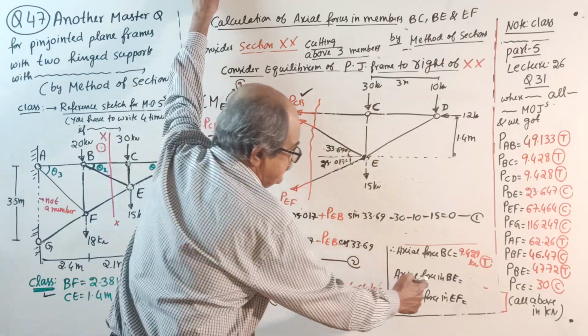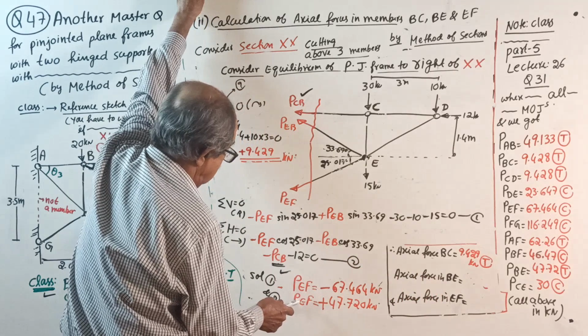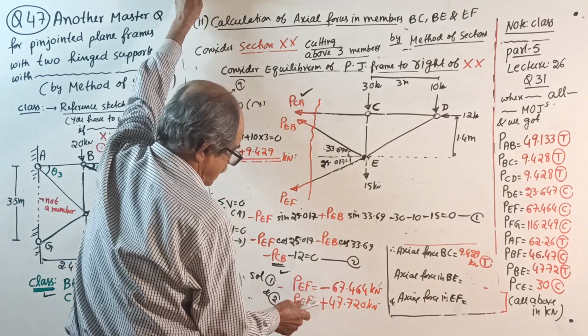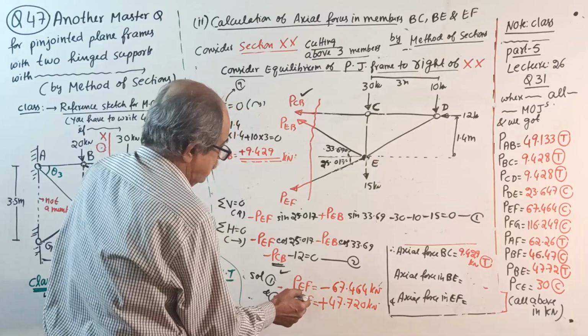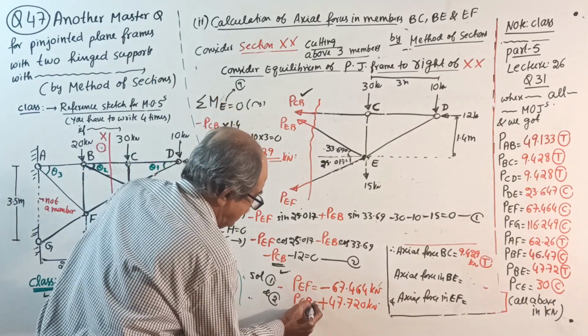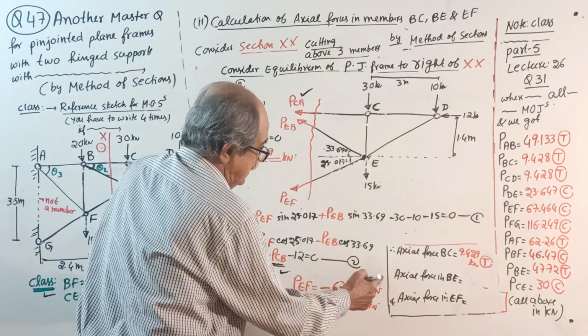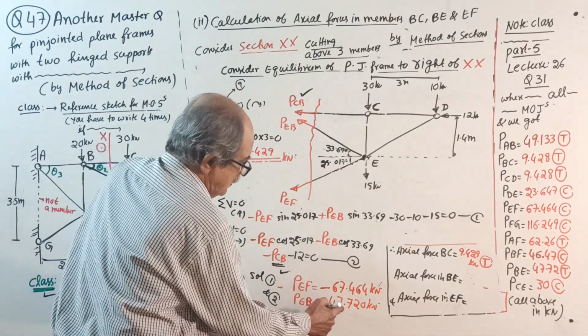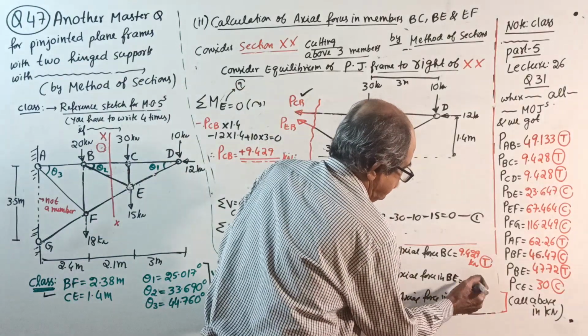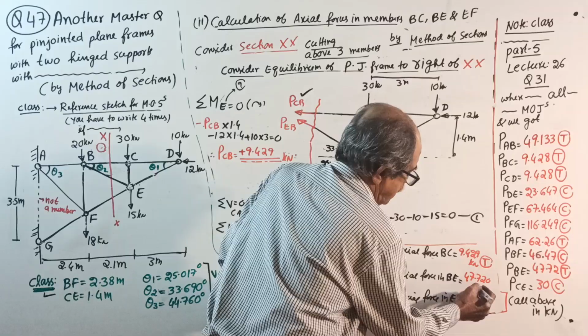Then axial force in BE. Where is B? Oh, I think it is EB. This is not EF, this is EB. Print mistake. See, second one is EB here. EB is BE. How much? 47.720 kilonewton.